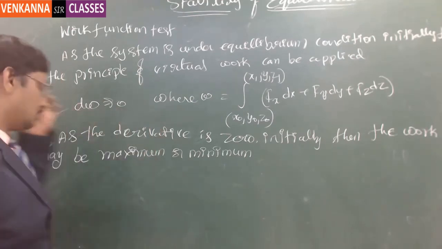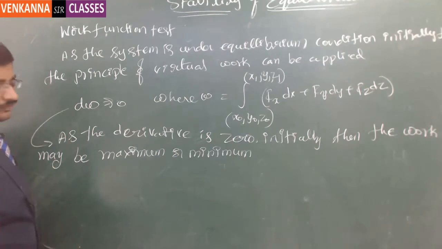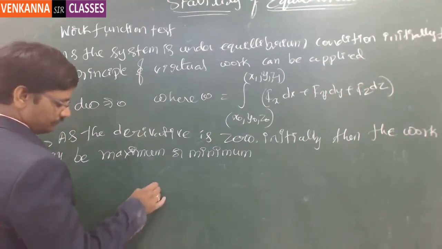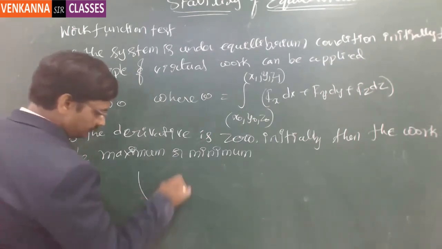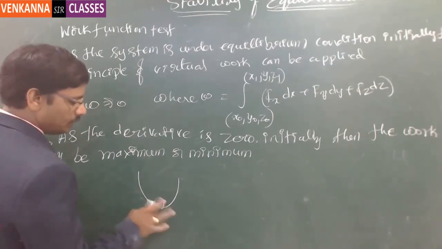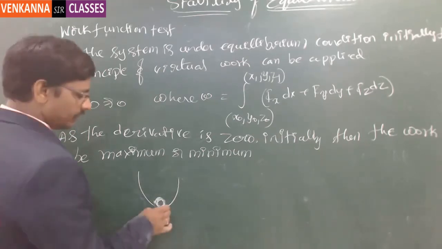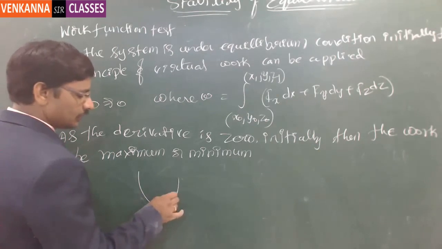Now if dW equals 0, we take two different cases. Suppose there is a ball in a bowl. Now I have moved this ball to this location.